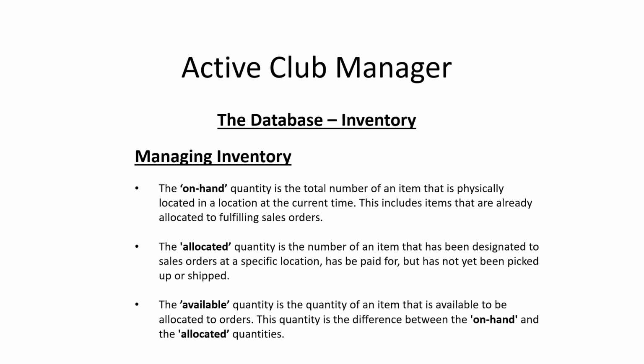The available quantity is the quantity of an item that is available to be allocated to orders. This quantity is the difference between the on-hand and the allocated quantities. I'll let you look at that for a moment.